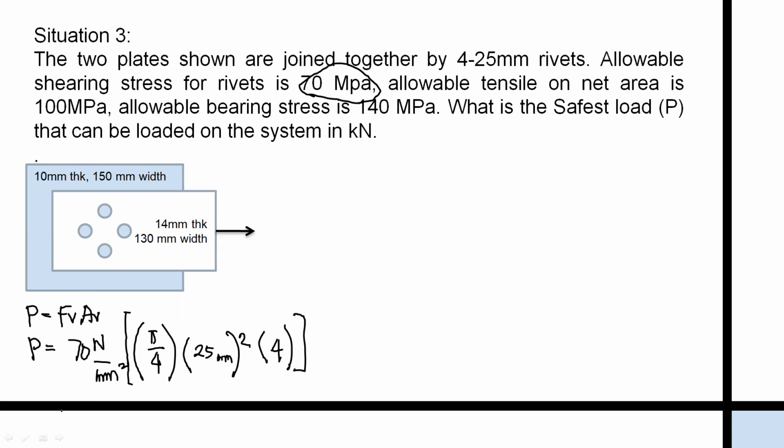And the value of the allowable P in kilonewton is 137.445 kilonewton.